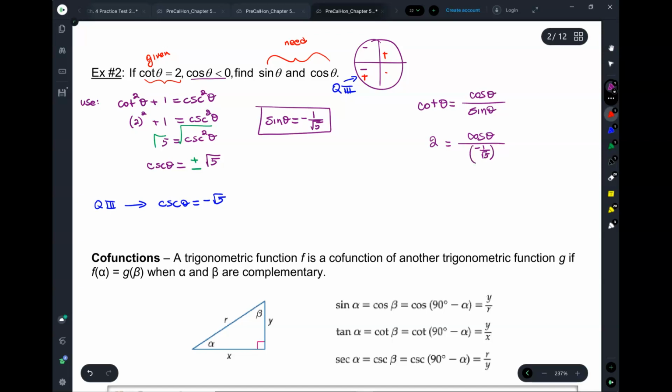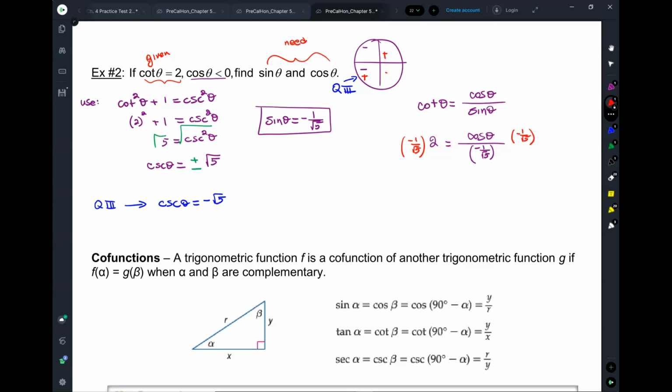What am I going to multiply both sides with? Negative 1 over root 5, the whole denominator. You would, but this is like cosine divided by this. You would do that if it was cosine divided by root 5. So when you put the 2, just multiply by root 5.